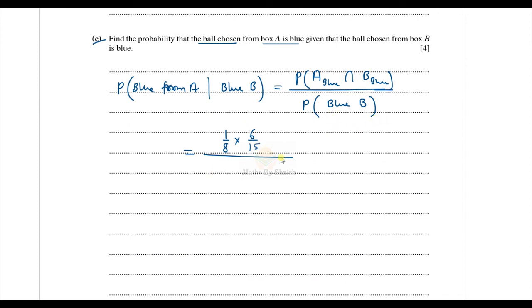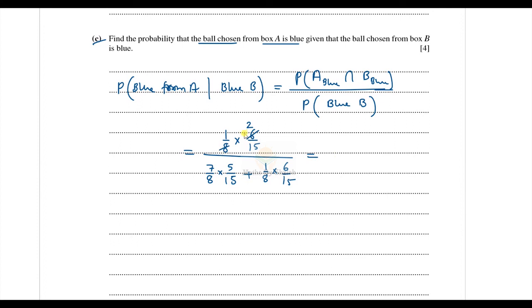And what is the probability of getting blue? There are two cases: red from first and blue from second, that is 5 over 15, or blue from first and blue from second, so it is 6 by 15. So that is the only case. Now we can simplify it.